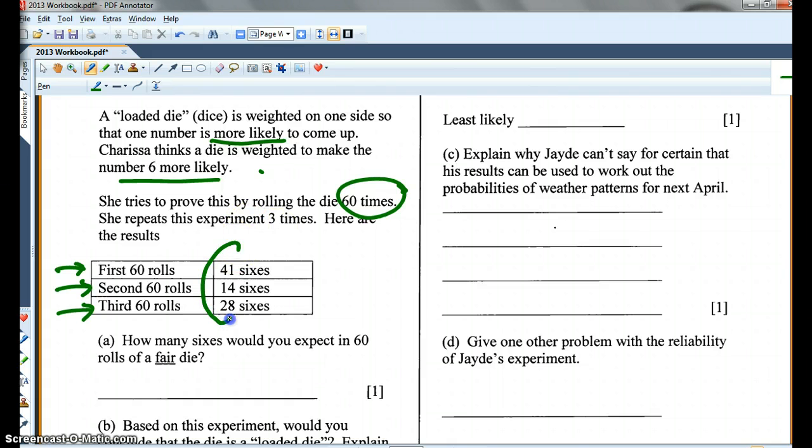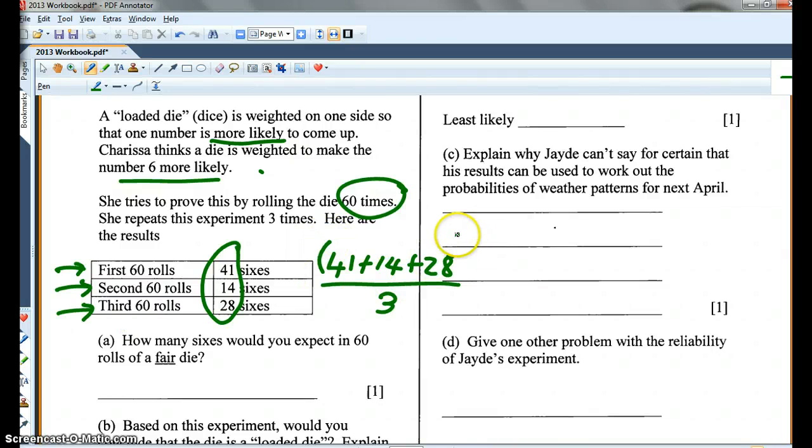I think we've got to go 41 plus 14 plus 28 and divide by 3. We've got 3 trials, the first trial, the second trial and the third trial. We're going to take the average of those trials.